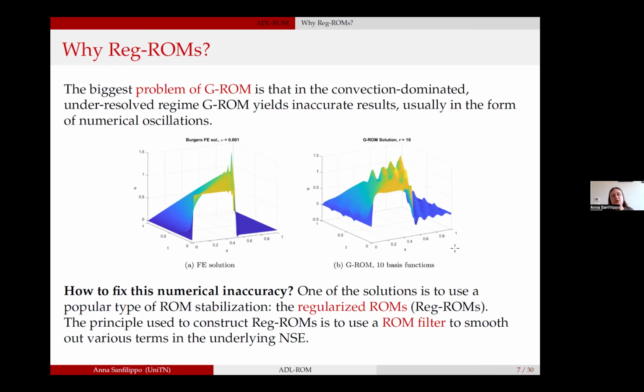There are a bunch of techniques and models to fix this type of inaccuracy, but one of the most popular and also practical is regularized ROMs, which are based basically on using a ROM filter to smooth out all these spurious numerical oscillations.